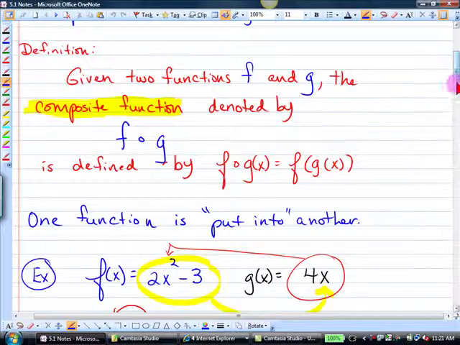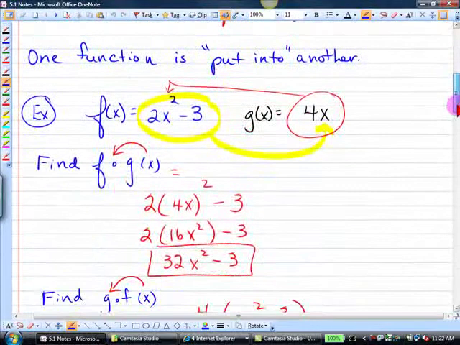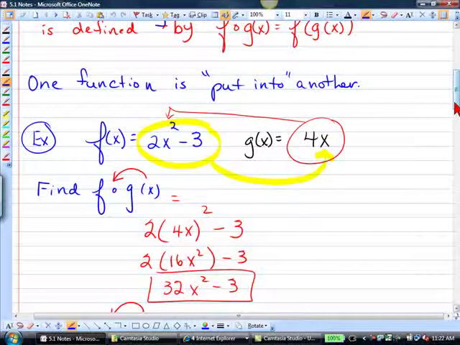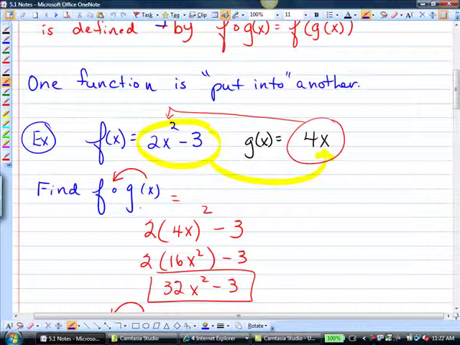Okay, let's see an example of how that works. So you're given an f of x that's 2x squared minus 3 and a g of x that's 4x. So if we're asked to find f of g of x, you always want to go from the far right and put it into the left. So we're going to take g of x, put it into f.